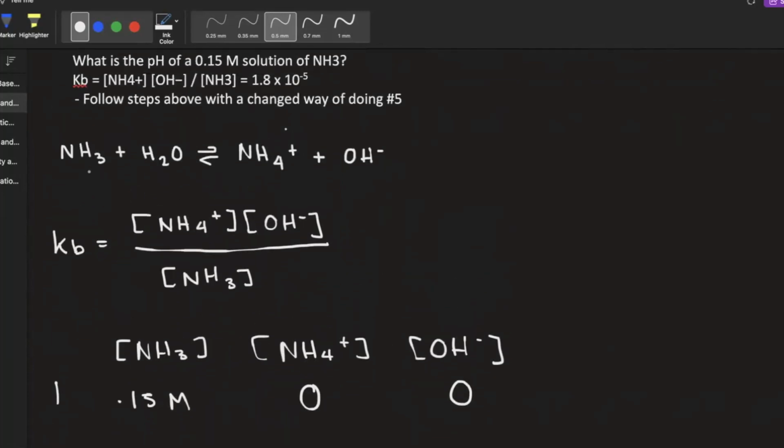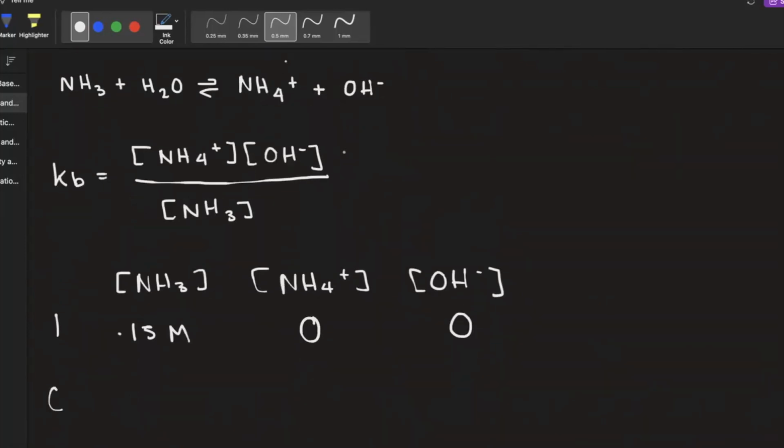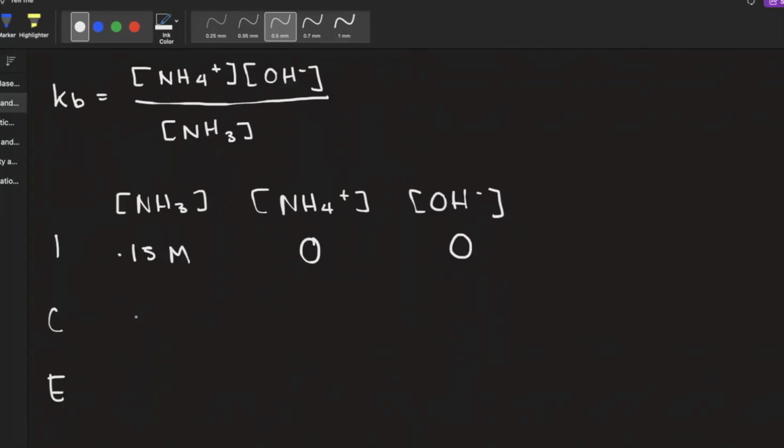By looking at the stoichiometry, you can tell that it's 1 to 1. For 1 molar of NH3, you get 1 molar of NH4 plus and 1 molar of OH negative. So our change is going to be minus X, plus X, plus X.